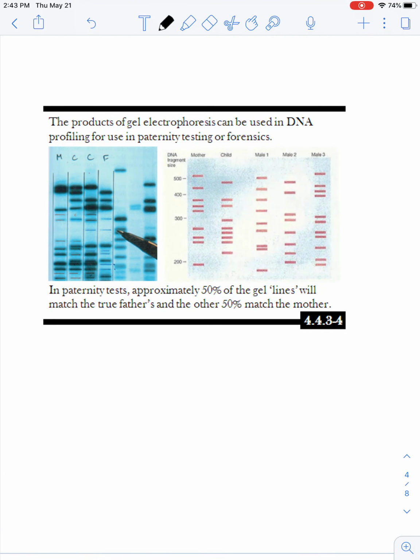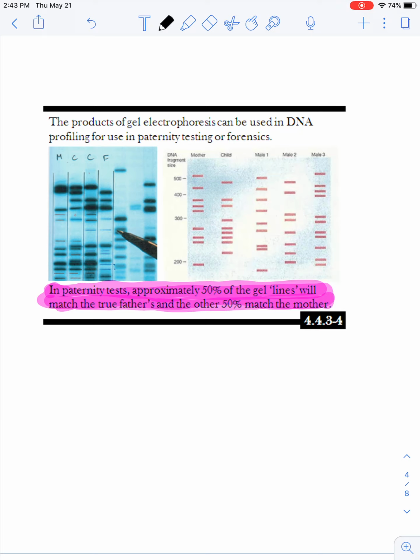Again, you can look at these examples and see if you can make sense of them. And this is an important point you might want to take down. In paternity tests, approximately 50% of the gel lines will match with the true father and the other 50% with the mother. So that's how they do the testing for paternity with gel electrophoresis.